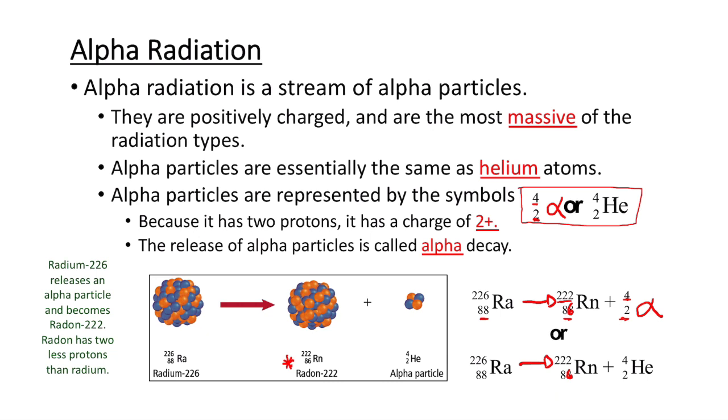So again, just to repeat, with the overall mass, which was equal to 226 initially with radium, it's going to be equal to that 222 when it decays into radon plus the mass of the helium atom, which is 4. And then same with the number of protons. Initially it was 88, which is equal to 86 plus 2.